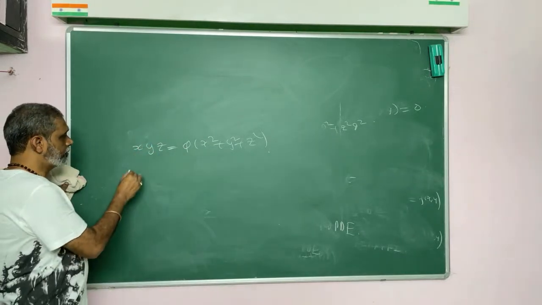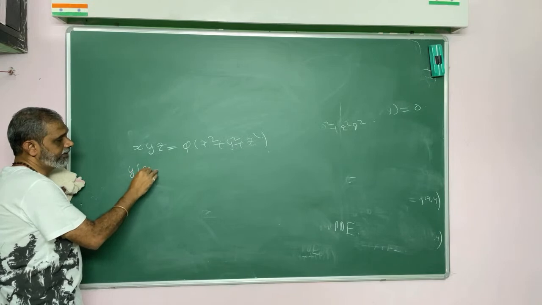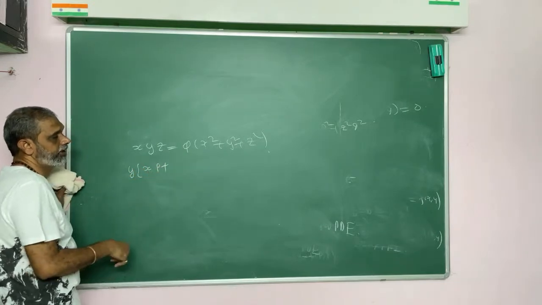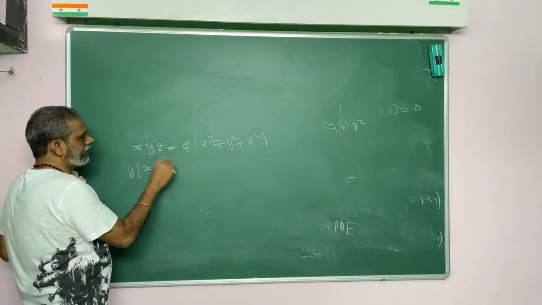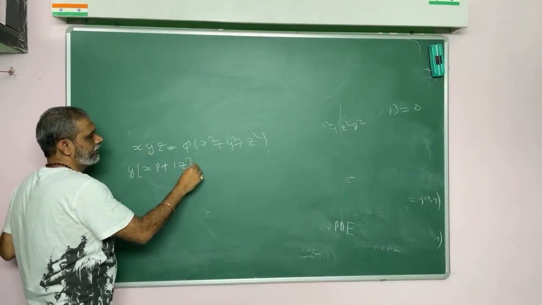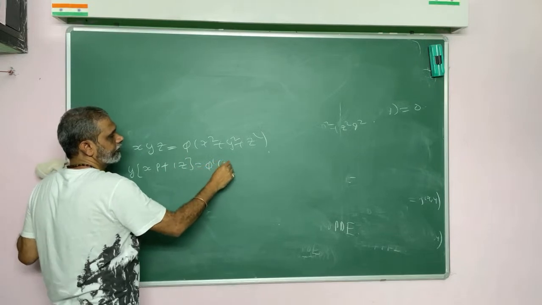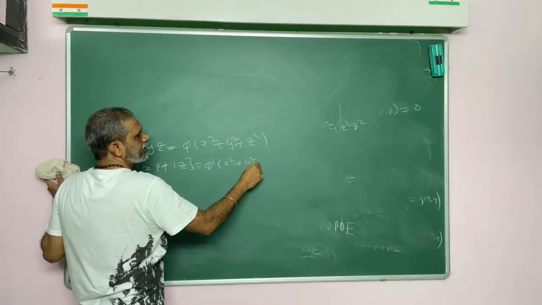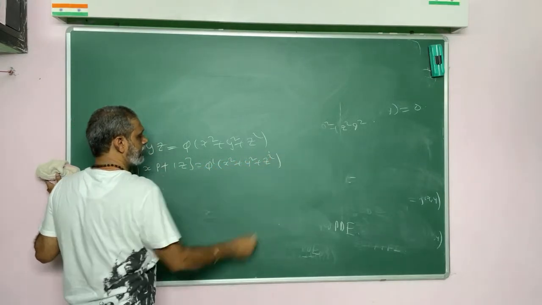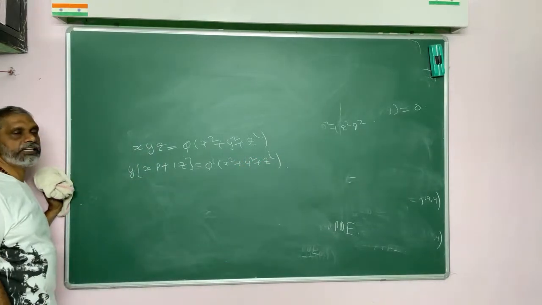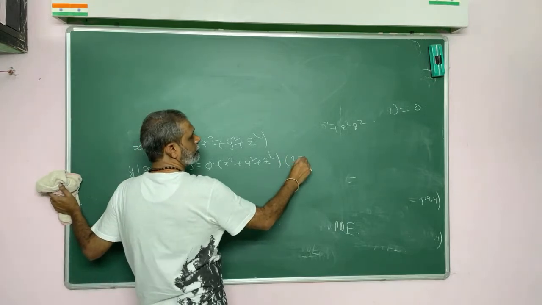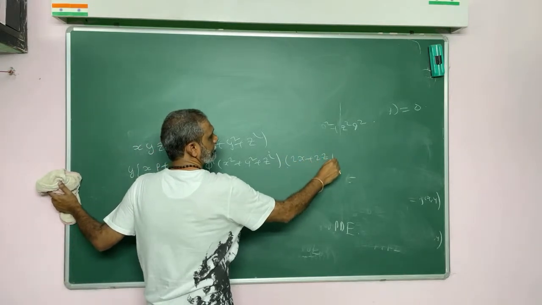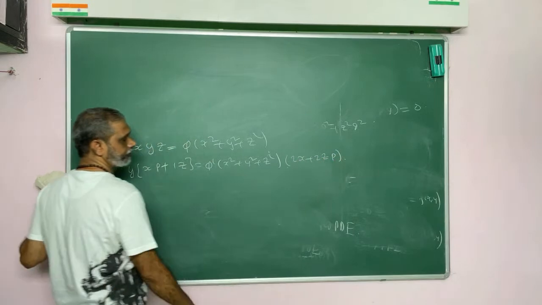This is y into x, you can keep p, plus yz into 1, is equal to phi dash of x square plus y square plus z square into 2x plus 2zp.